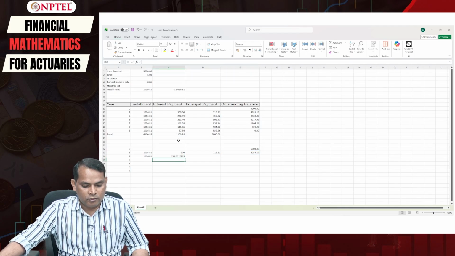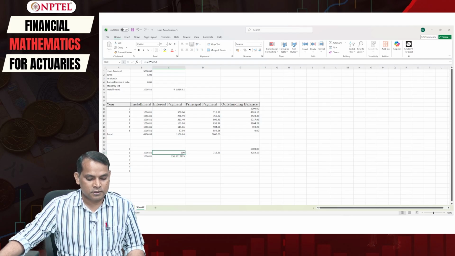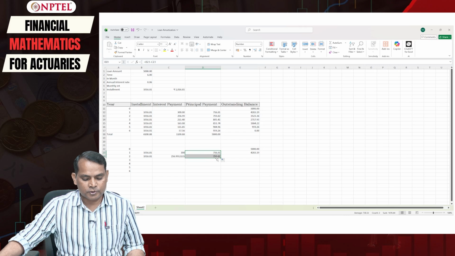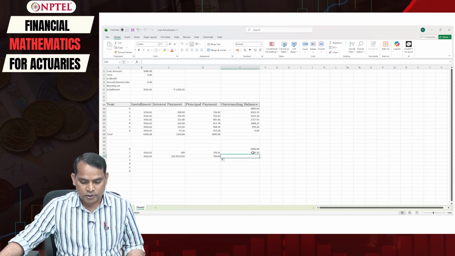Or you can simply, because you have already done it here, you can simply drag this. I think you can get the same value. So I no need to do it again here, you can simply drag it here to get the value. Next value you will have 759.82. Similarly you can drag it from here.